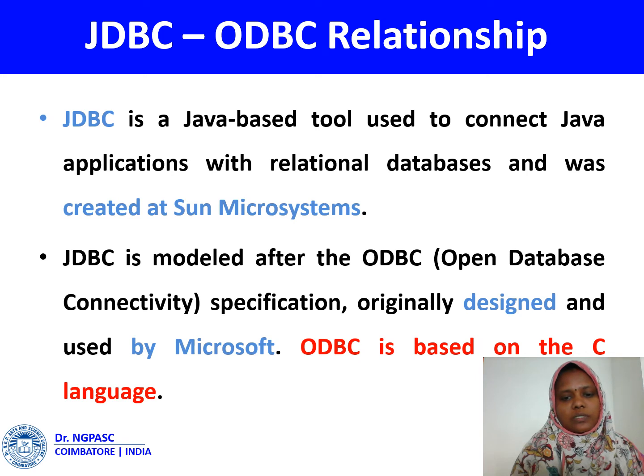JDBC is modeled after ODBC. Previously they invented ODBC, the Open Database Connectivity. After that they designed JDBC particularly for Java applications. This JDBC is originally designed by Microsoft, but ODBC is based on the C language.